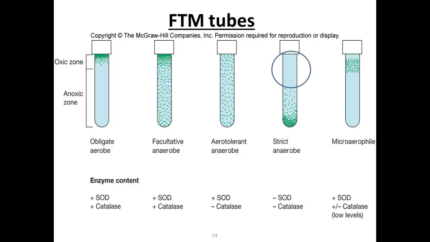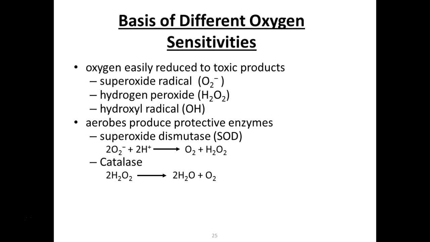All right, so the problem for these guys, and this is the only one where you see no growth in this zone, is because no protection. So what do these enzymes do?